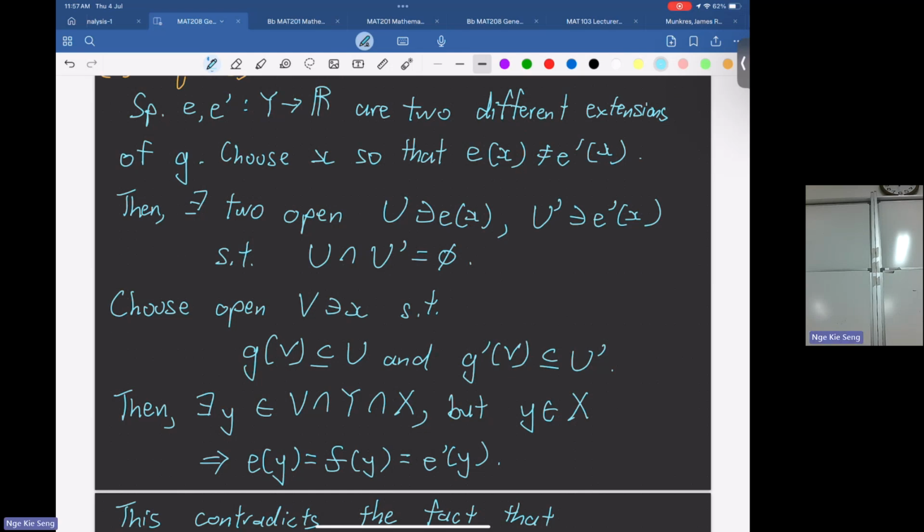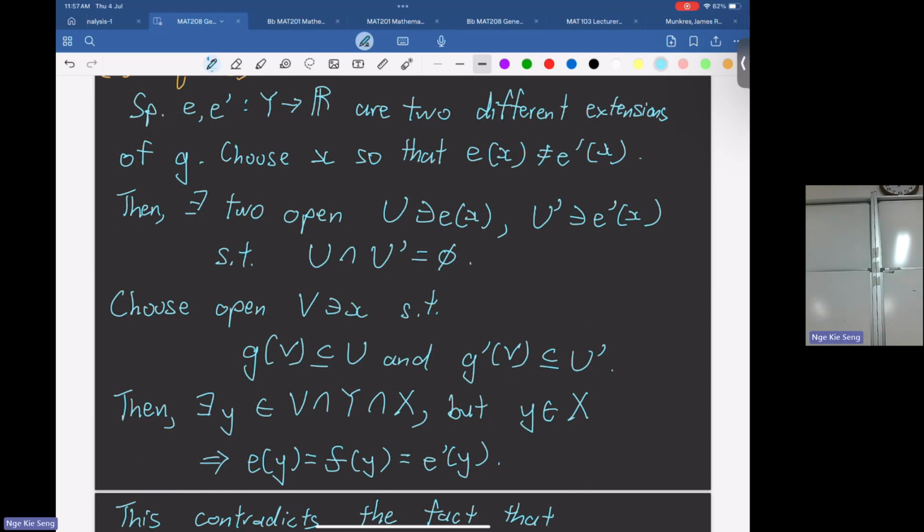And then what do you do? You look at the open set around X, the pre-image of this point. Because G is continuous, you can find this V such that G of V is in U and G of V is in U prime.